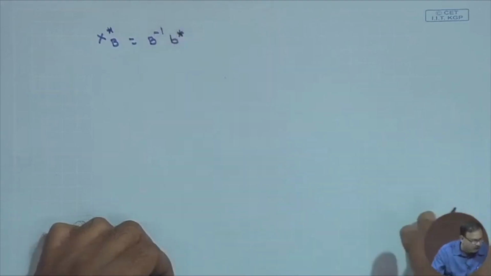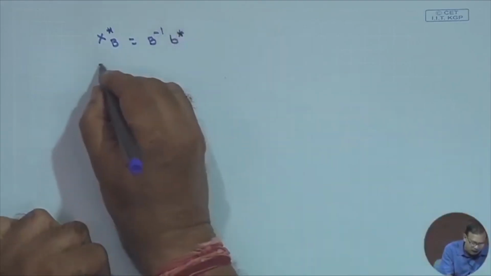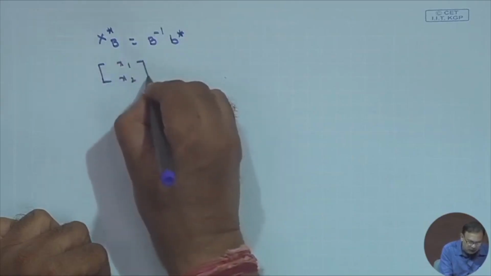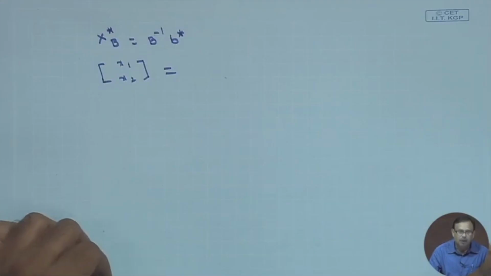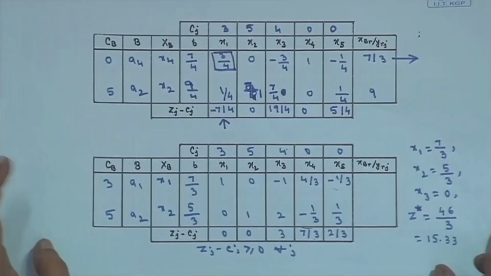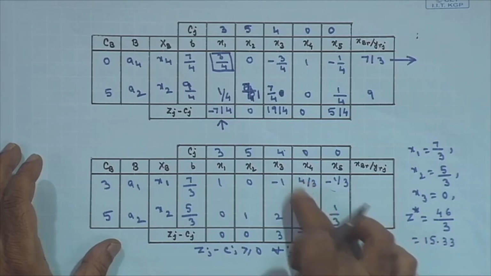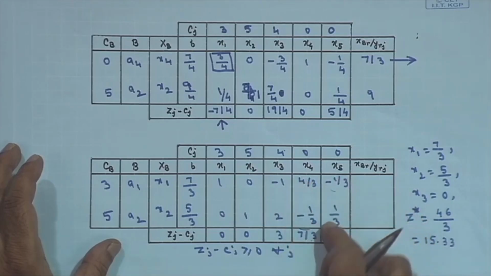This value of XB star, or in other words x1 and x2, equals, I can write down from here the corresponding values. This I have taken as x4 and x5. So, the B inverse matrix is nothing but this one.